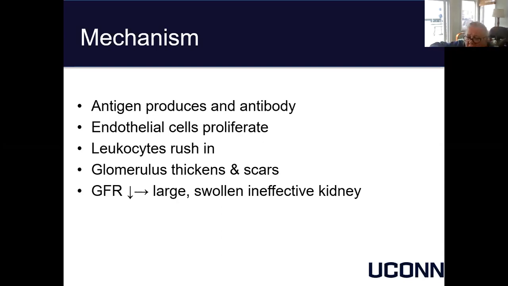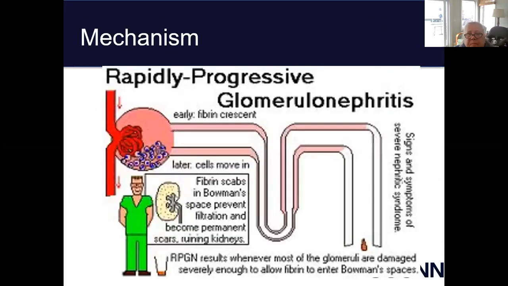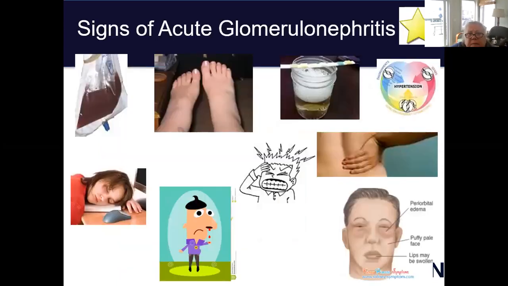And again, on diagnostic imaging studies, you'll see enlarged kidneys. And the larger they are, usually the less effective they are. That's just a little diagram of what happens in glomerulonephritis.